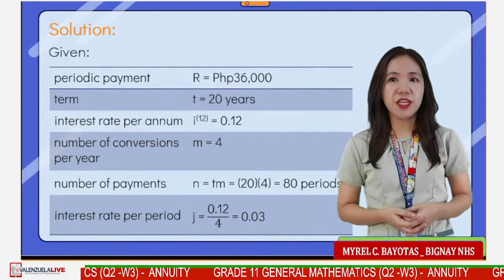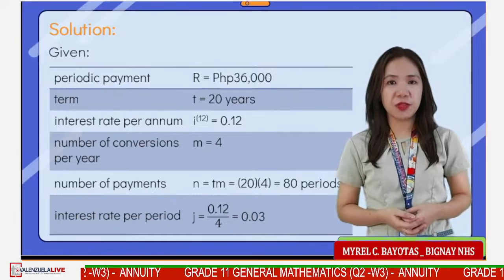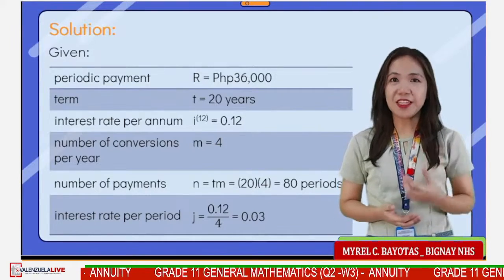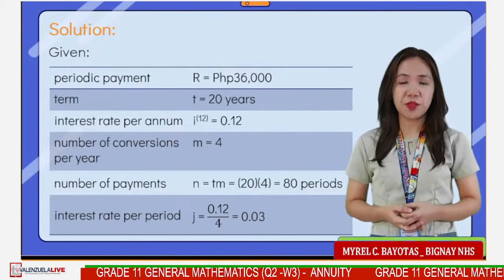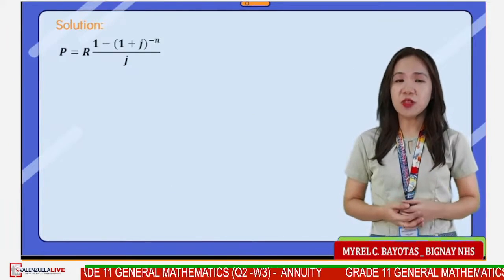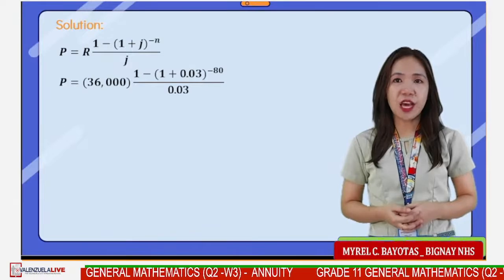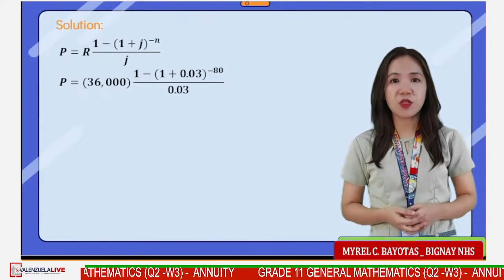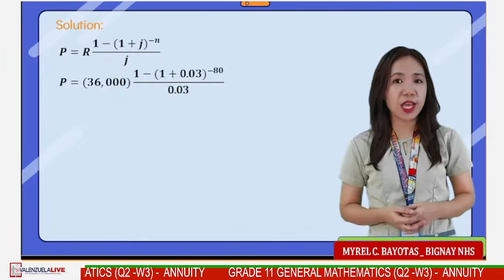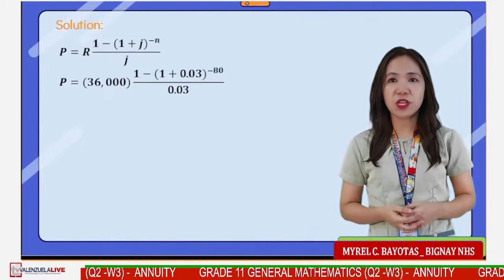Therefore, j equals 0.03. Okay, so we'll start with substituting the given to the formula. We have P equals 36,000 times 1 minus the quantity of 1 plus 0.03 raised to negative 80 all over 0.03.